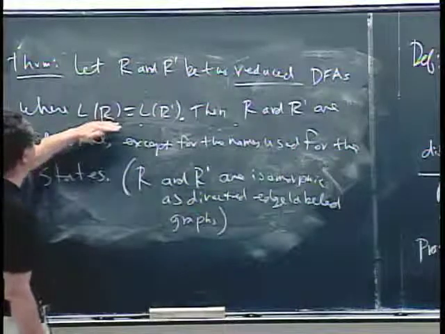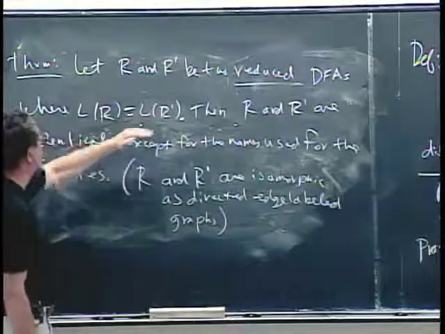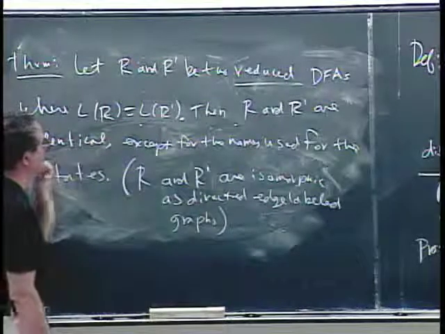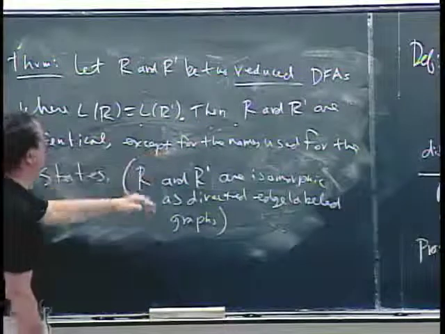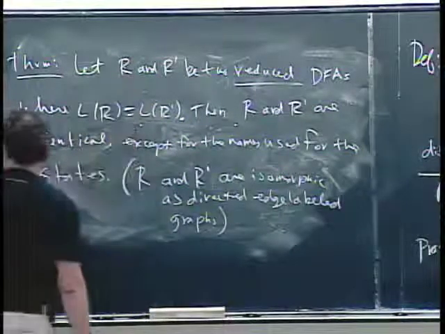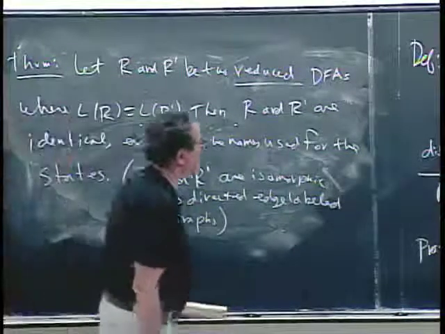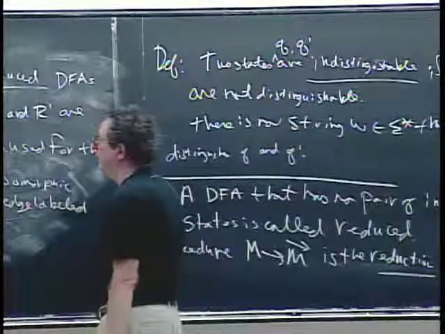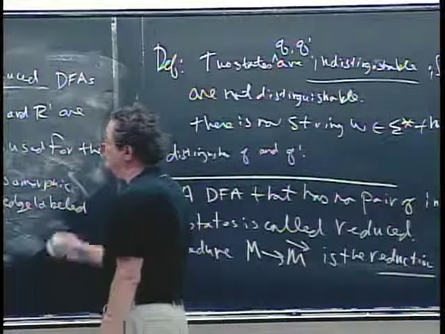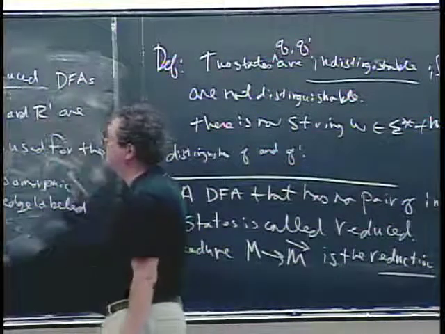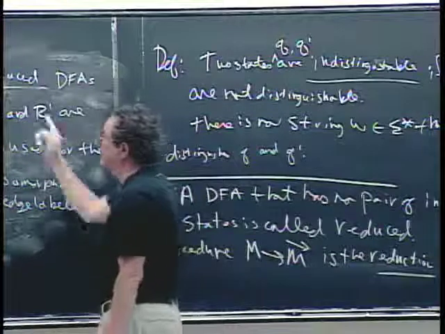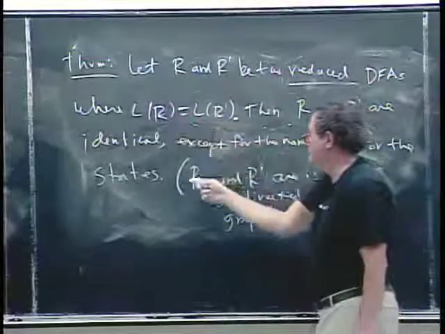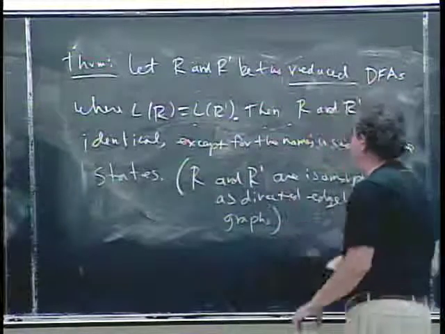And we know that if L(R) equals L(R prime), then R and R prime are identical except for the names that are used. So this is what I'm going to prove, and I'm saying this will imply the uniqueness of the DFA that minimizes the number of states, because any other reduced DFA is identical or isomorphic to it. Okay.